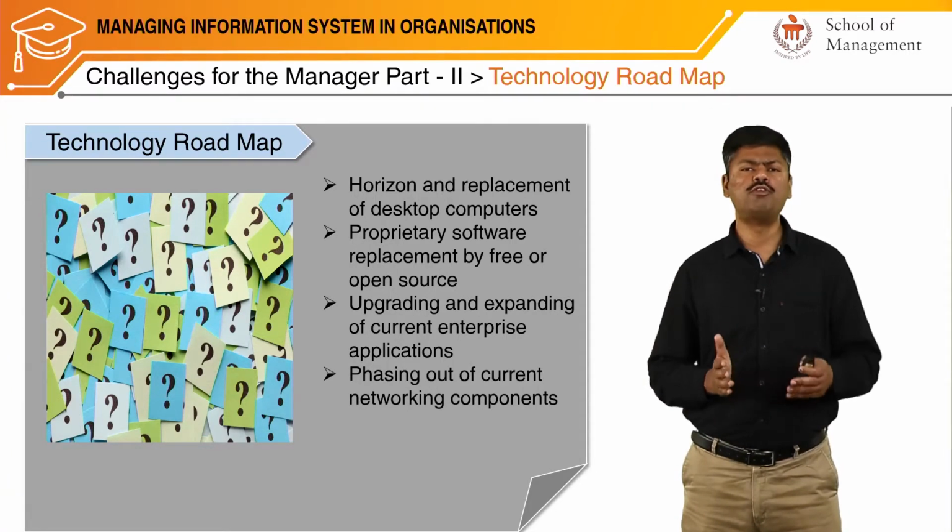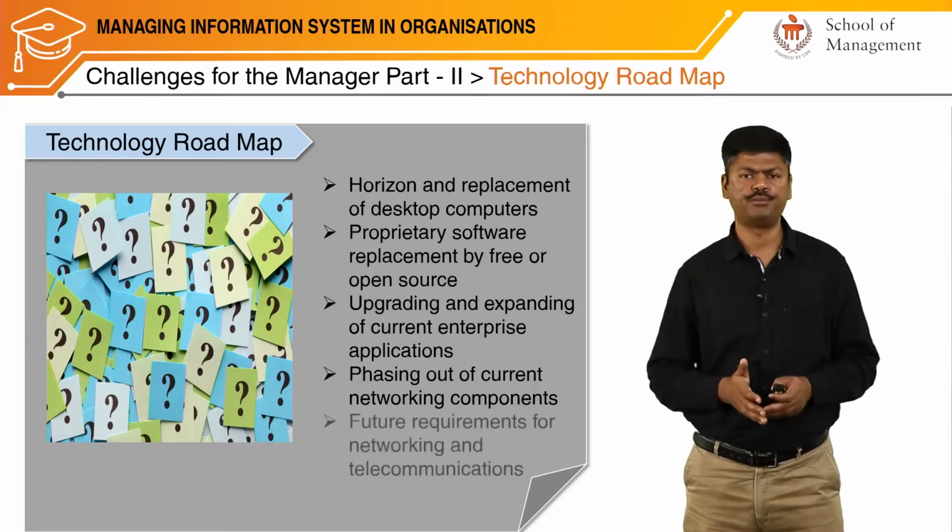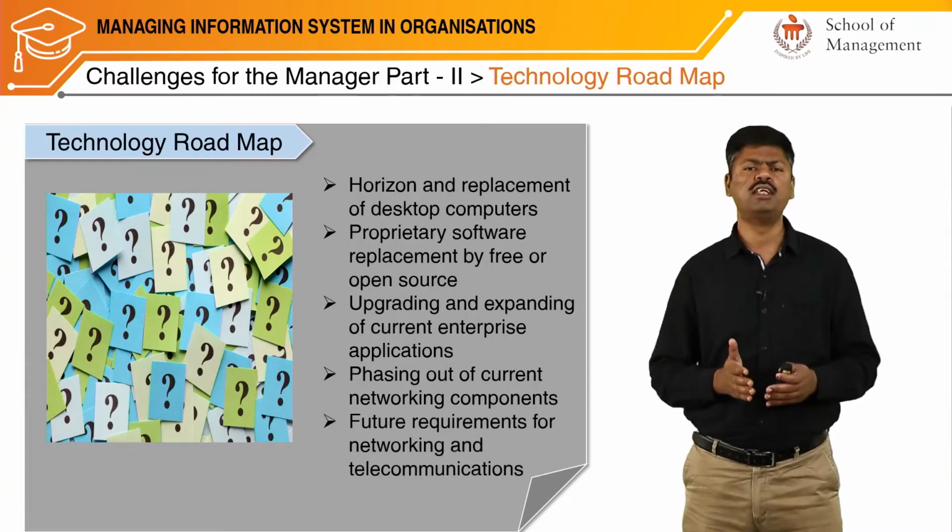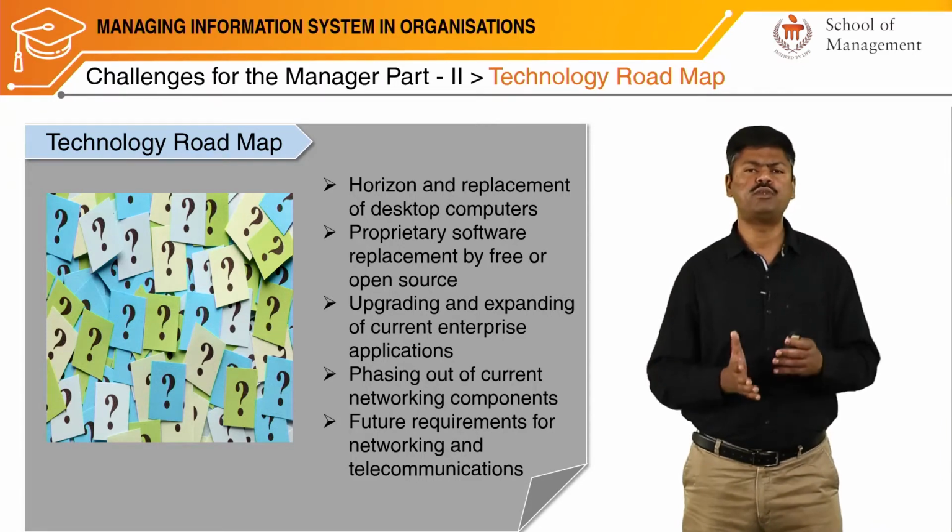All these movements identify with one important factor, that you need an information system which has a longer stay and is sustainable in the longer run. And finally, the future requirements for networking and telecommunication have to be mapped onto the existing devices.